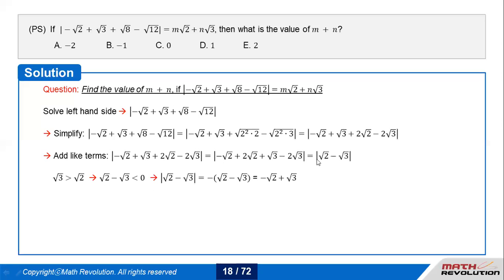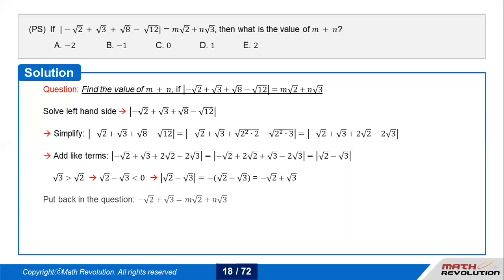That means the value that's going to come out of this absolute mod would be negative of a square root of 2 minus a square root of 3. On distributing this negative sign inside the bracket, it makes it a square root of 3 minus a square root of 2, or minus a square root of 2 plus a square root of 3.